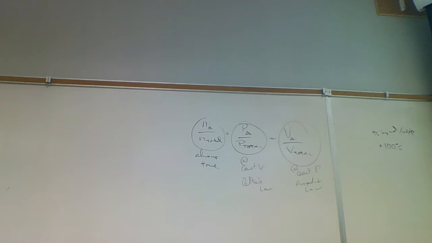What I want to do is hop ahead a little bit, since we don't have that much time left, and talk about this section here. Direction and extent of chemical change. All these problems, what we do is we calculate Q. Q is just whatever you're given, the given ratio.